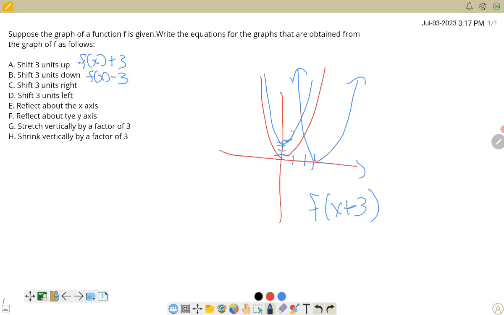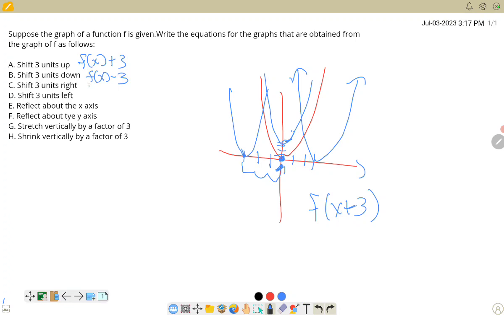But notice that if we were to do that, it would actually shift us to the left. And the reason is because if I go 1, 2, 3 over, that's where I end up.